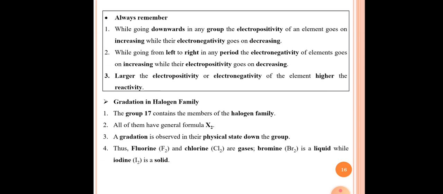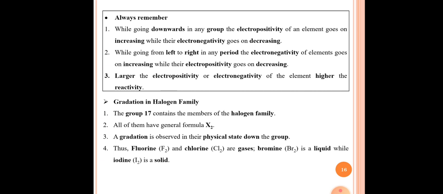The third point here is, a gradation is observed in their physical state down the group. Actually, the elements present in the halogen family show gradation, meaning variation in their physical state, as the physical state of each and every element in the halogen family is different. That's why it shows gradation or variation.